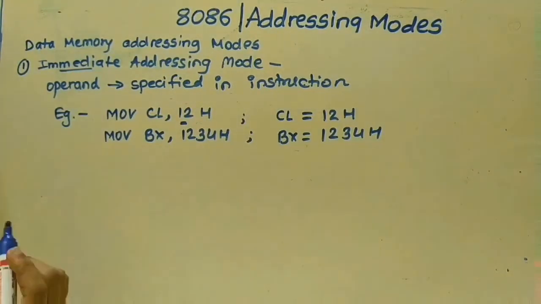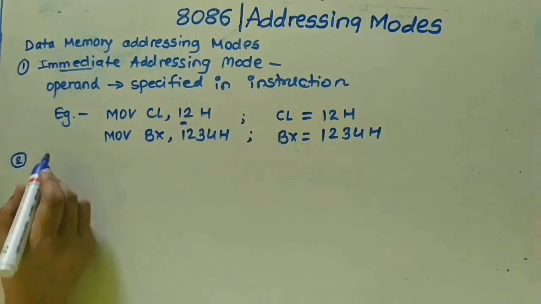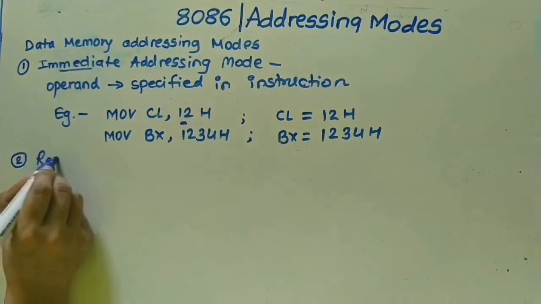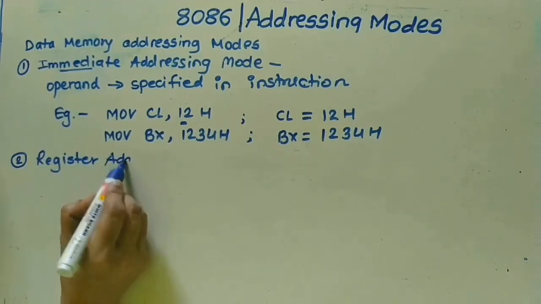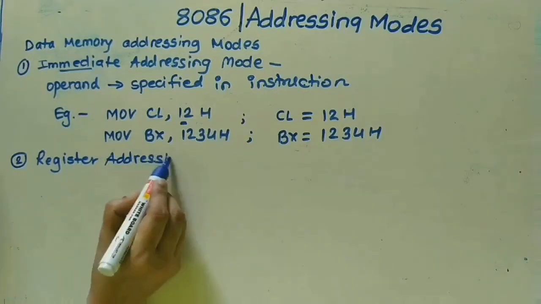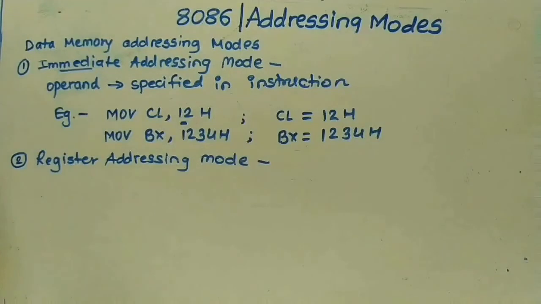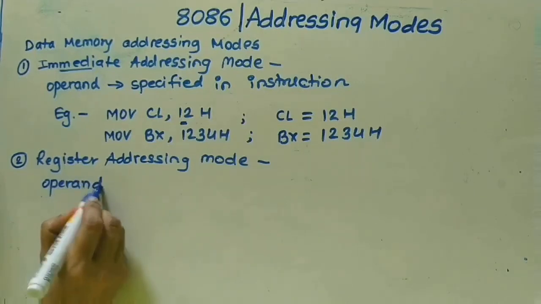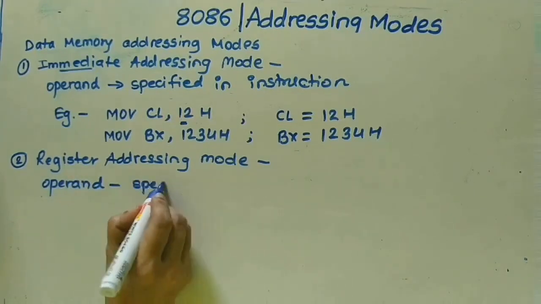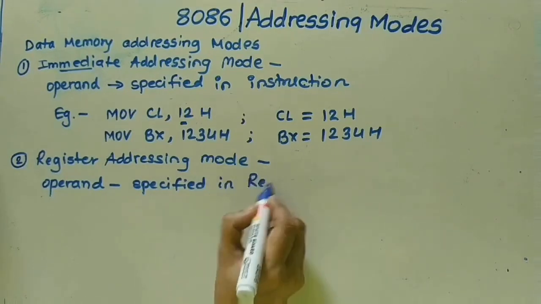Now we'll see the second addressing mode, that is the register addressing mode. What is this register addressing mode? In this register addressing mode, the operand is specified within the register.